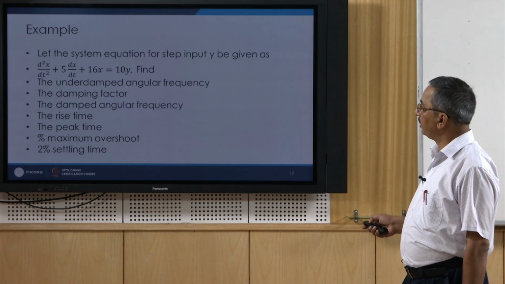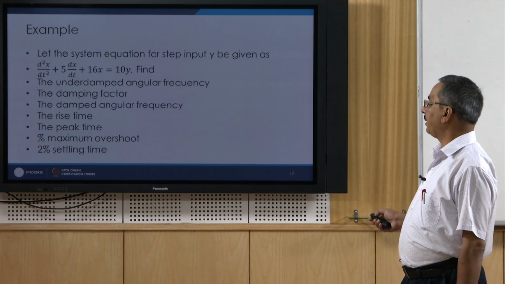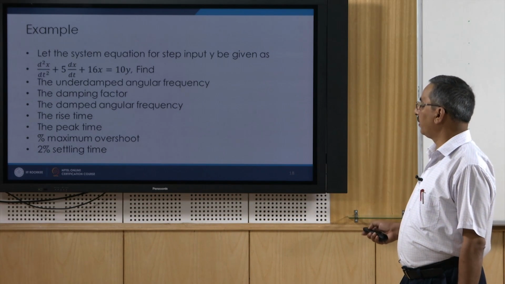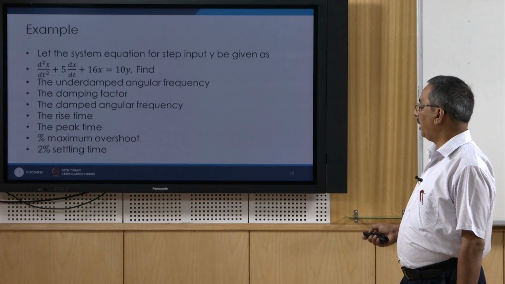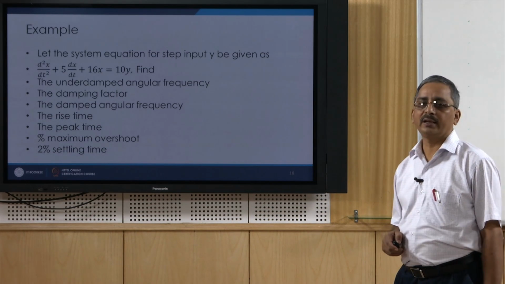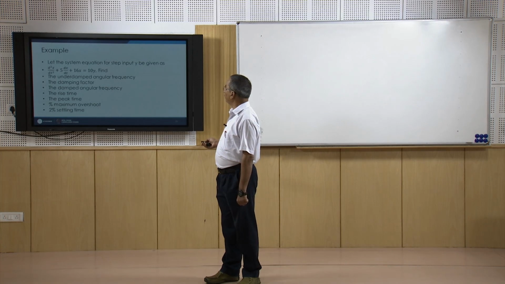Say I am interested in finding out for this expression the undamped angular frequency, the damping factor, the damped angular frequency, rise time, peak time, percentage maximum overshoot, and the 2% settling time. So, I can find that out.